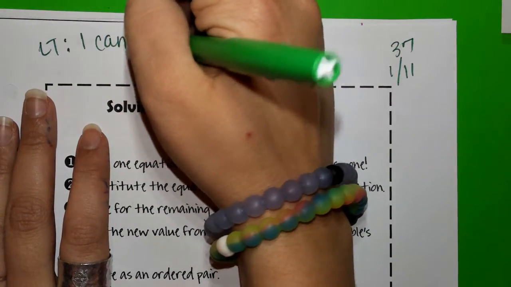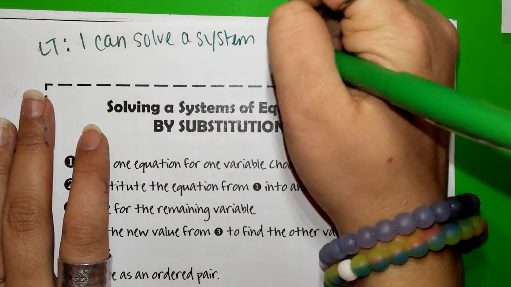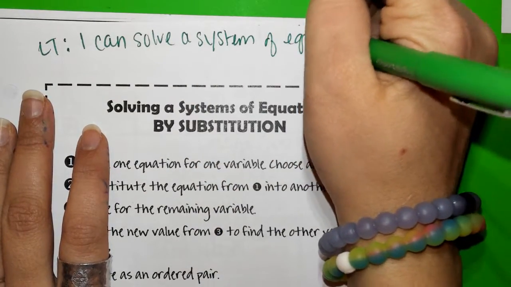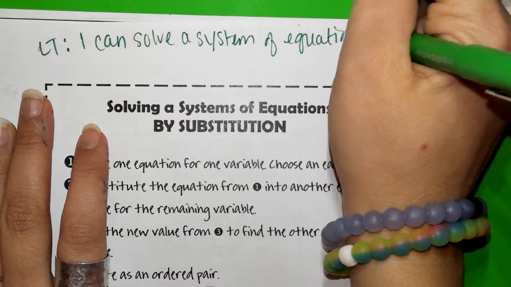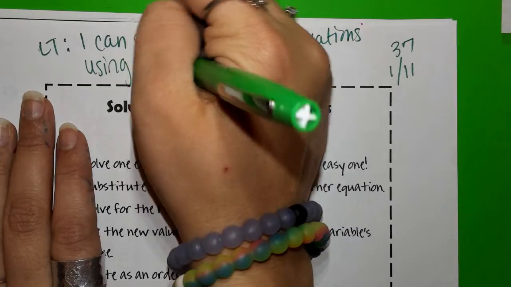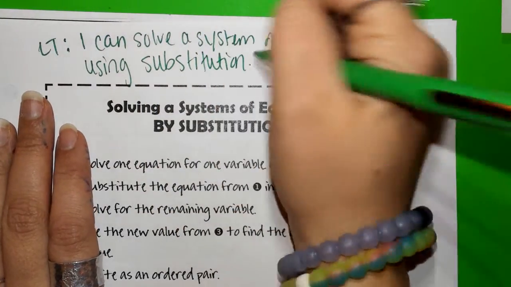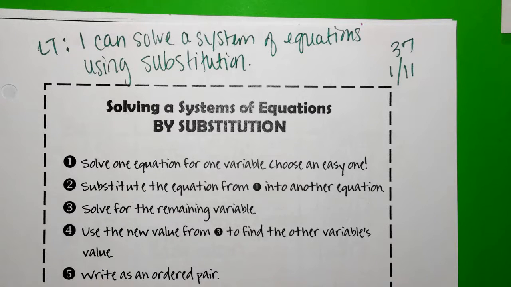I can solve a system of equations using substitution. So today is level 2 because we haven't done this before. We have to apply what we know. Level 3 and level 4 would be if we created our own system, but today I'm just going to give you your own systems.